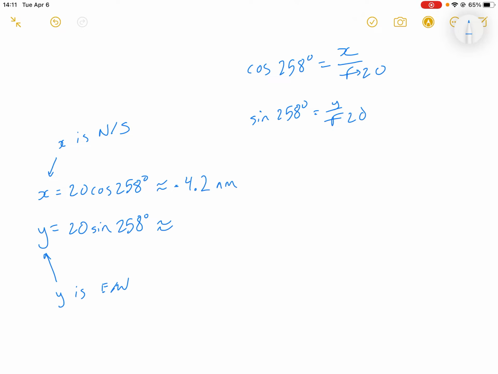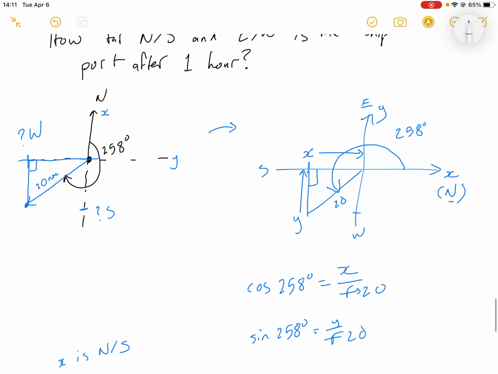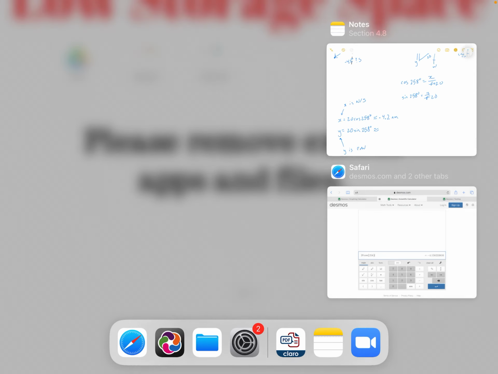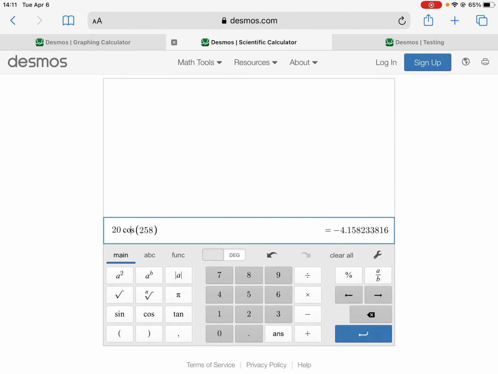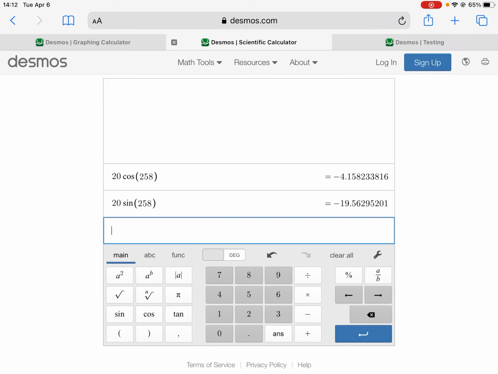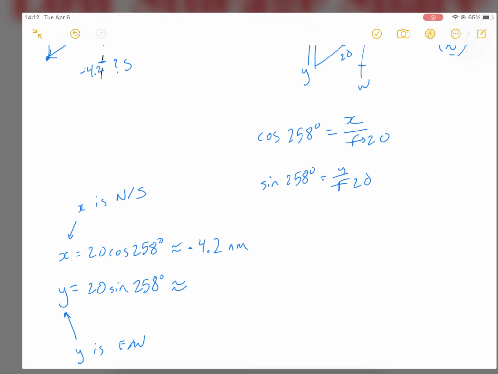So the negative in this case means I'm south, which is correct based on our diagram. So I have negative 4.2 here. And then if we're doing sine, let's just go ahead and do 20 sine of 258. And I end up with negative 19.6 roughly.